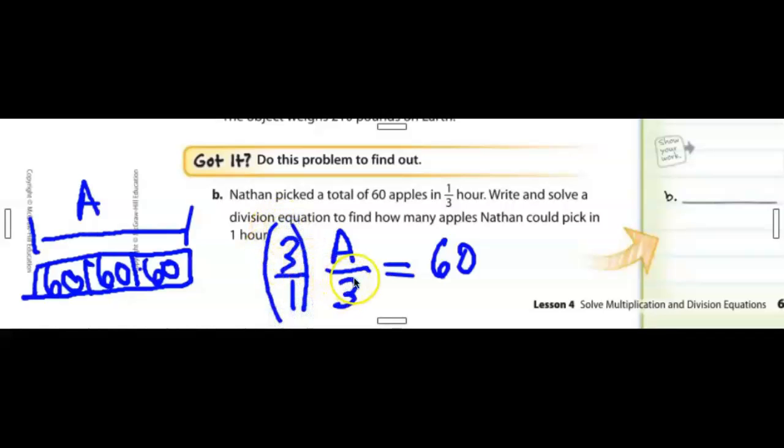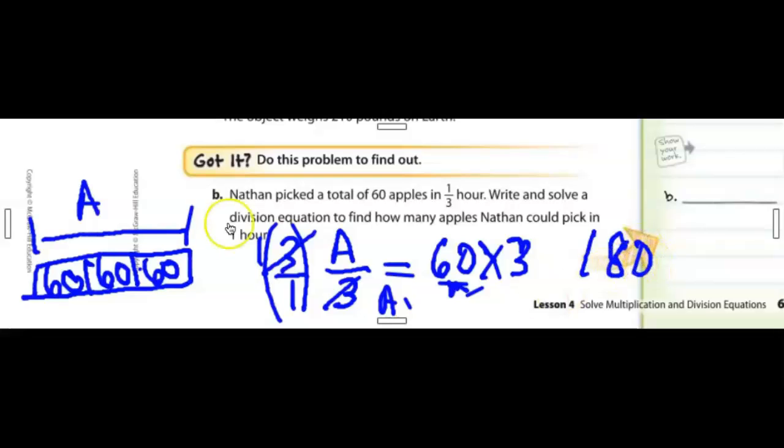So this term and this term are going to cancel out, and we're going to end up with just A. If we multiply the other side by 3, okay, we're going to end up with 180. And that makes sense because if you look at this picture, 60 plus 60 plus 60, 3 times 60 is definitely going to be 180.